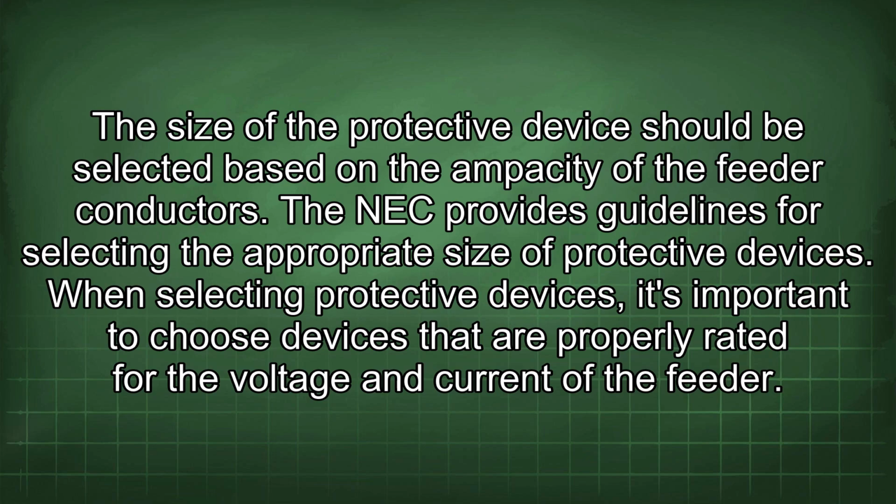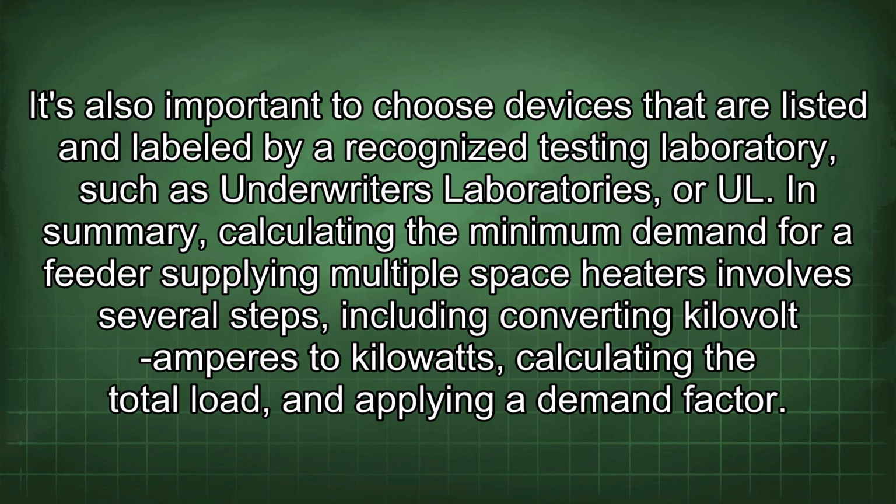When selecting protective devices, it's important to choose devices that are properly rated for the voltage and current of the feeder. It's also important to choose devices that are listed and labeled by a recognized testing laboratory, such as Underwriters Laboratories, or UL.